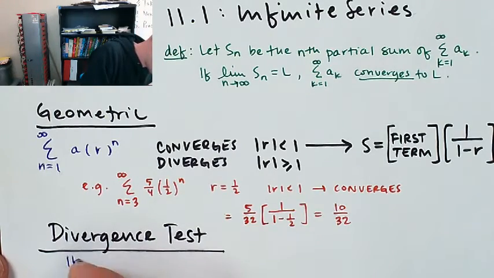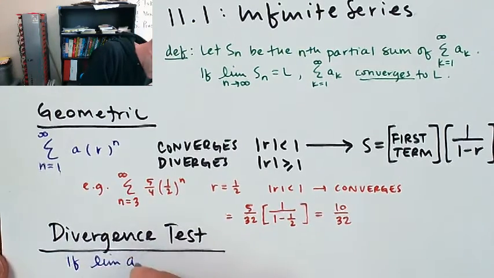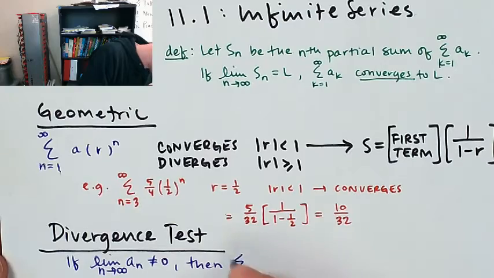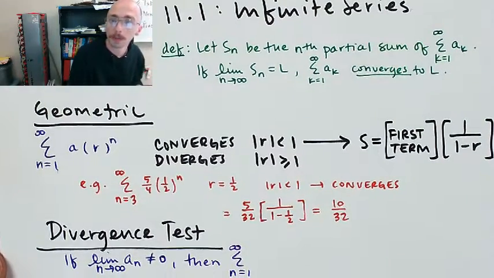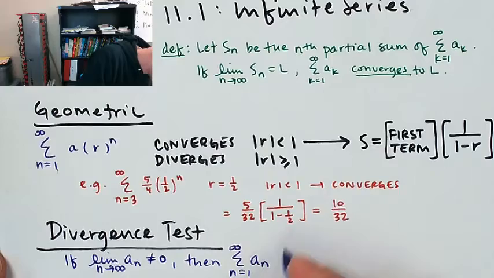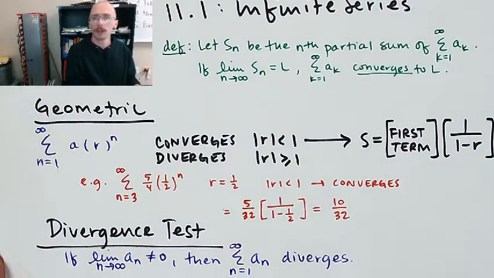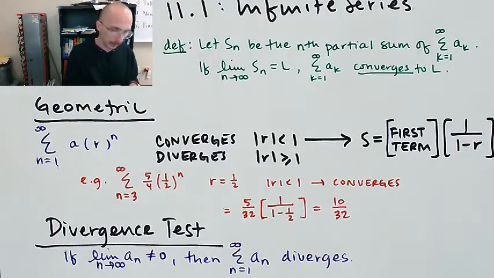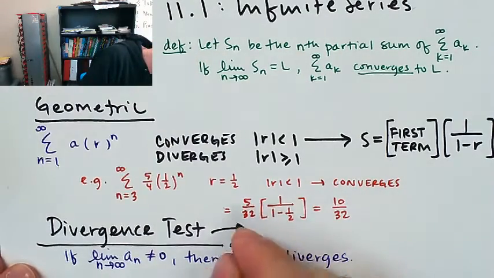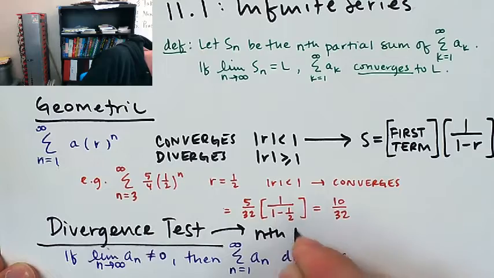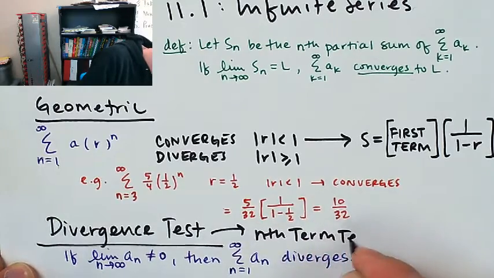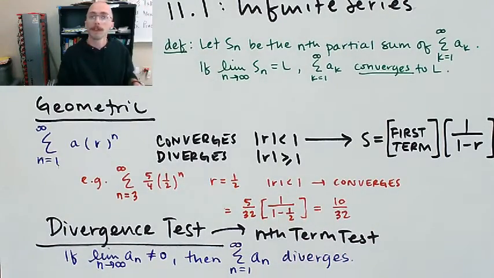If the limit of a_n is not equal to 0 as n goes to infinity, then it must be the case that the sum as n runs from 1 to infinity, or really any number to infinity, of a_n diverges. Okay, that's the divergence test, also known as the nth term test, or the nth term test for divergence. And I think that's all I've got to say about 11.1.